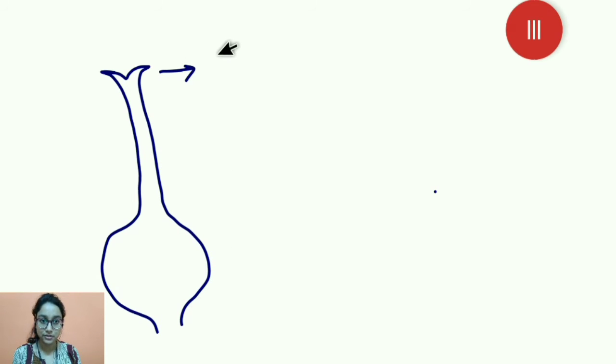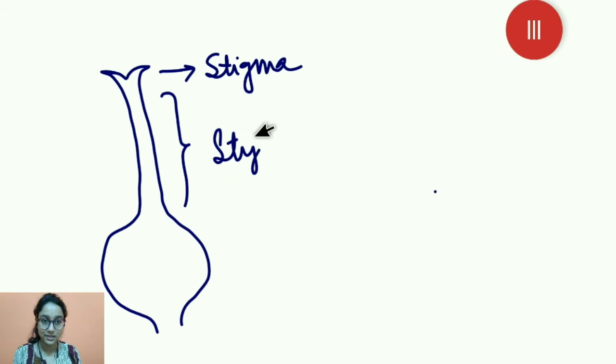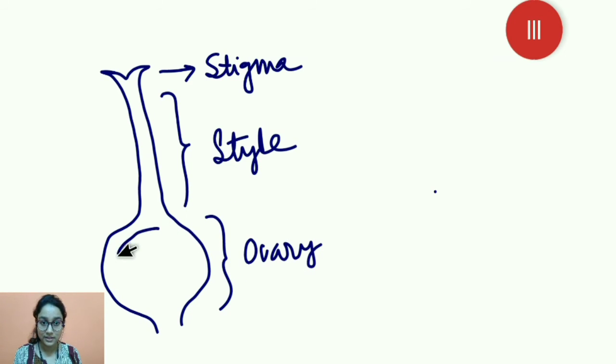This portion is known as the stigma, this long portion is known as the style, and this portion is known as the ovary. Within this ovary there is an ovule, and within this ovule the embryo sac is present.